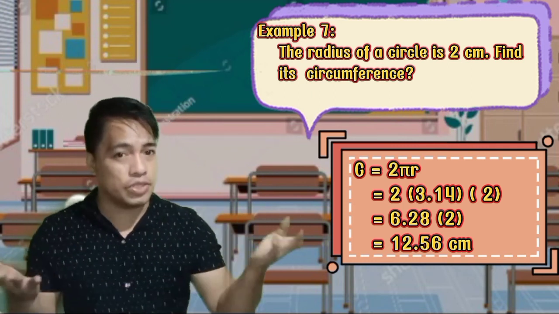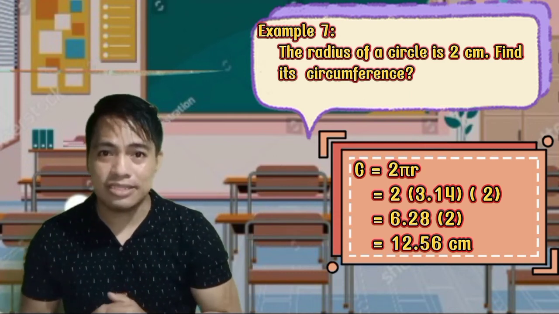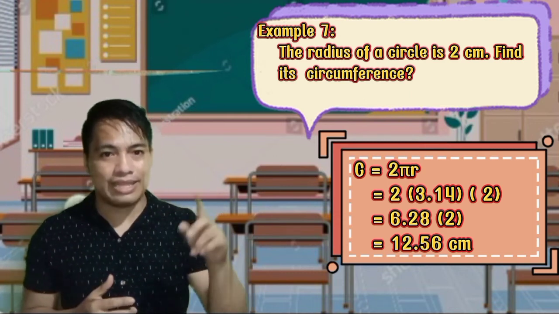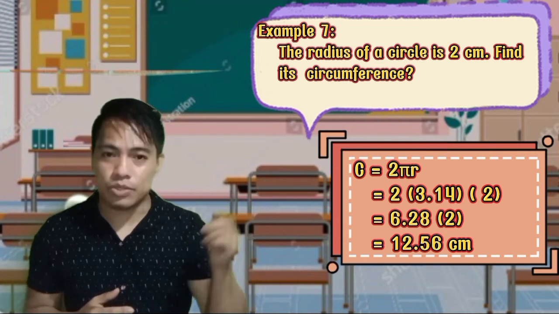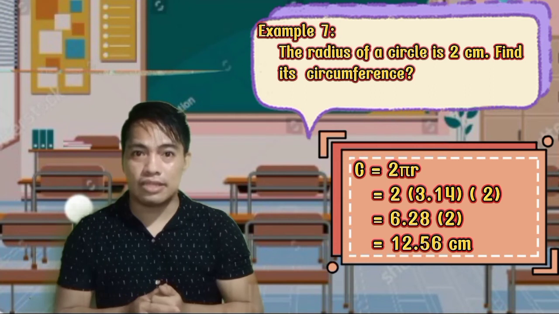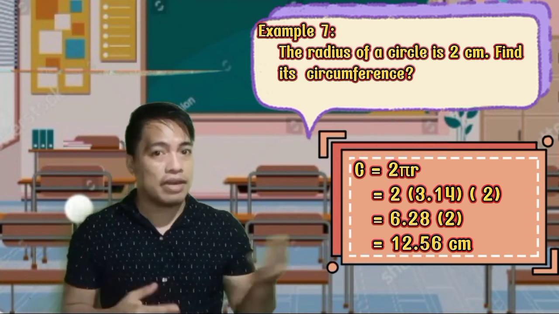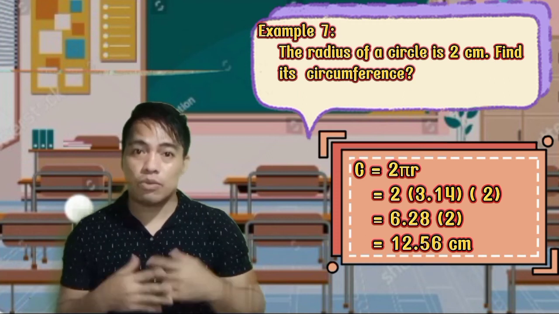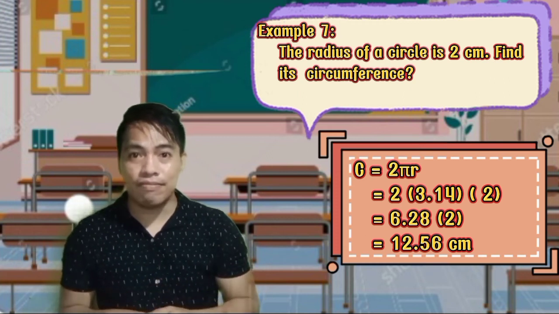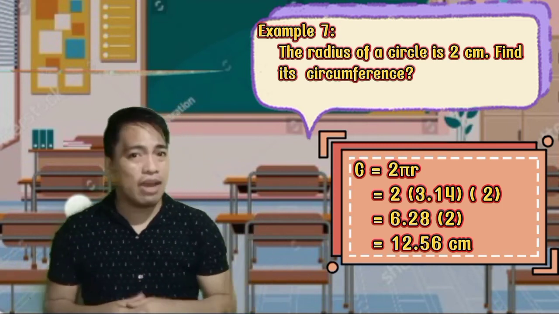So, substitute. Pi, the value of our pi is 3.14, times our r, which is 2. Alright, 2 times 3.14, that is 6.28, times our radius, that is 2. 6.28 times 2, we have 12.56 centimeters. Okay, do you have any questions?